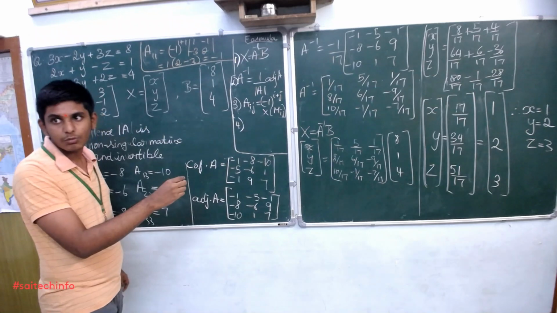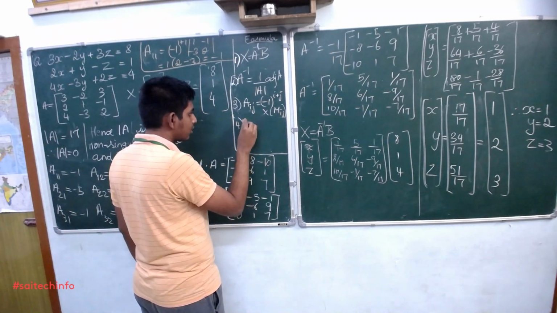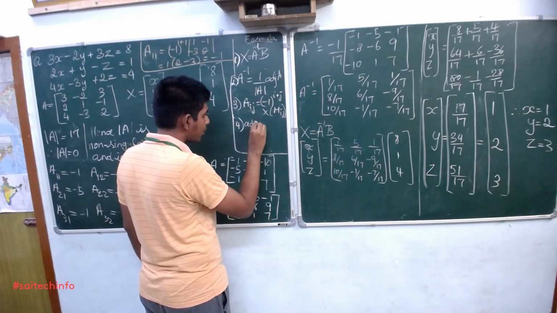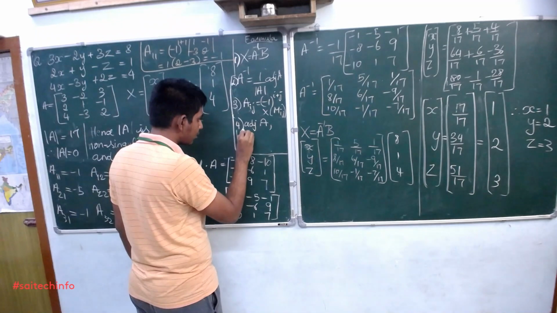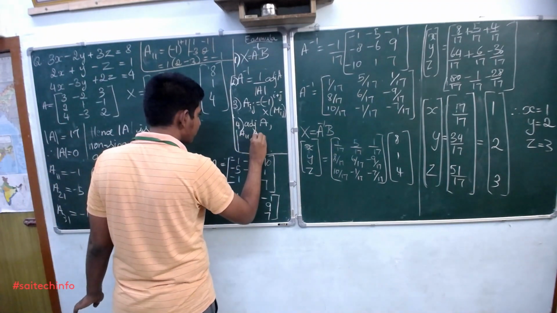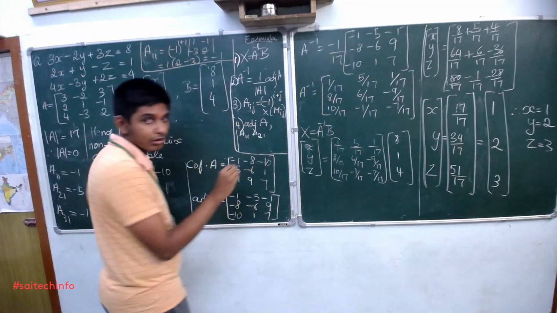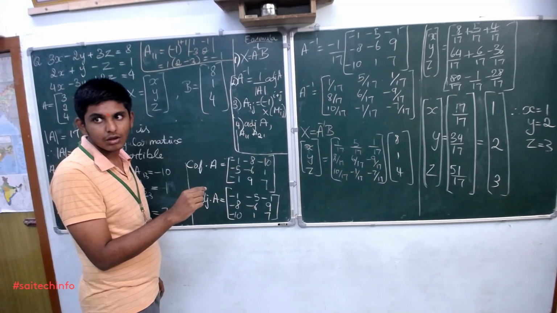So the fourth is about adjoint, sir. Adjoint, so adjoint of A, ADJ. Now you can introduce the transpose of A11, A22, like that.